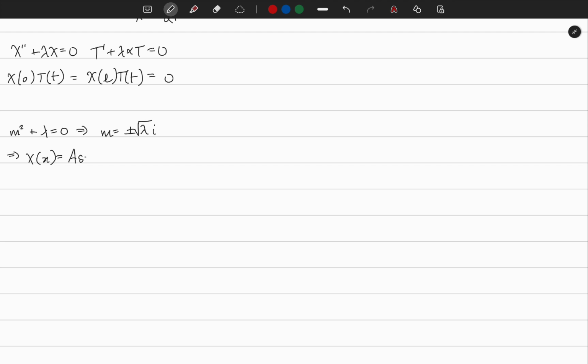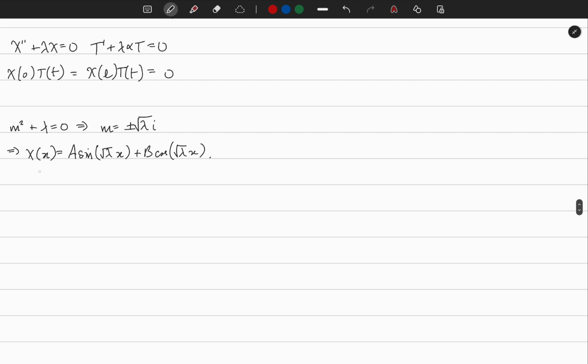So a sine of root lambda x, plus b cosine root lambda x. And of course, a and b are constants to be found using the auxiliary conditions.